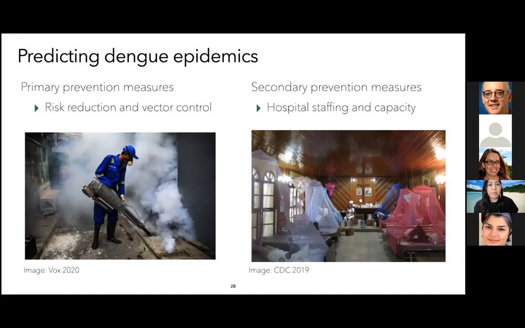We forecast dengue epidemics to be able to implement early vector control before these peaks start to occur, and also to think about secondary prevention measures, like hospital staffing and capacity preparation for the number of beds that might be needed in the event that dengue outbreaks start to happen.